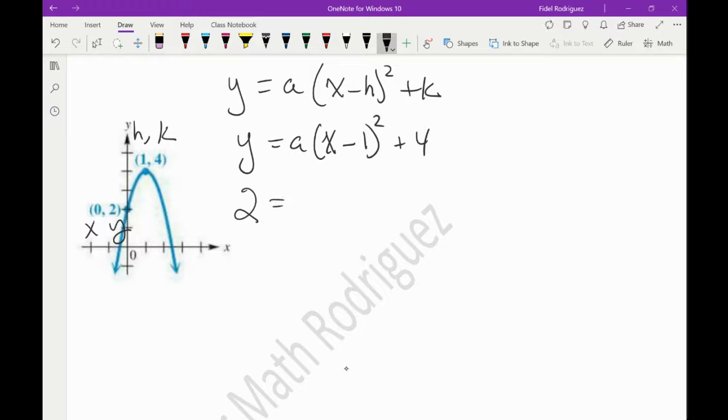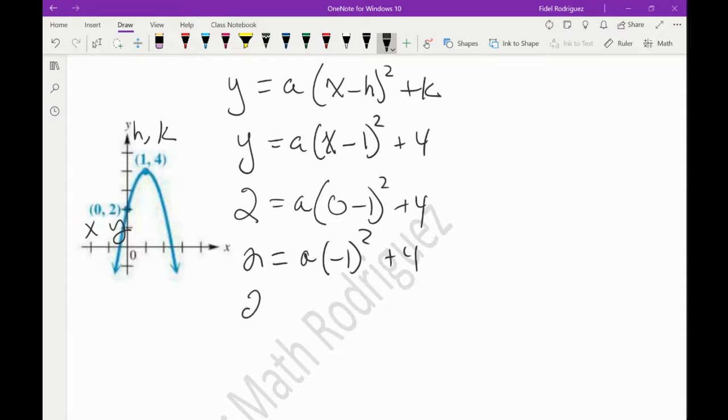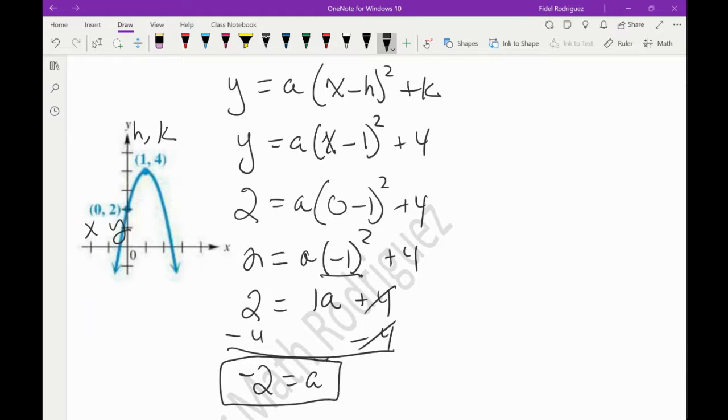So I'm going to put a 2 right there equals a, x we said it was 0, (0 minus 1) squared plus 4. Let's see. 0 minus 1 is a negative 1 squared plus 4. Negative 1, when I square it, actually just gives me 1. So this is just 1a plus 4. So we can subtract 4 on both sides. And we're going to come up with a is a negative 2.